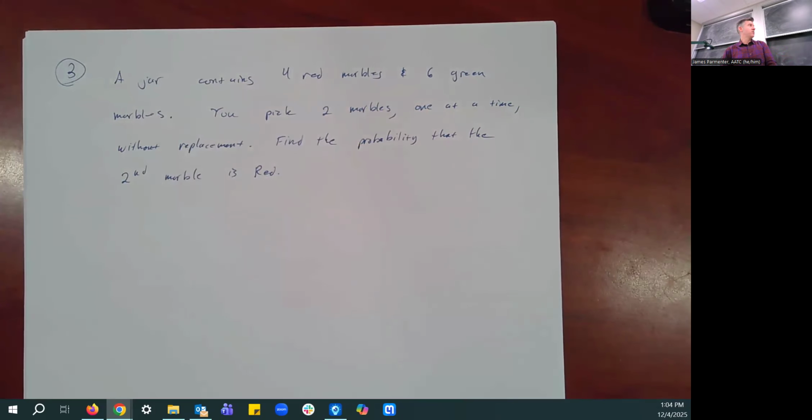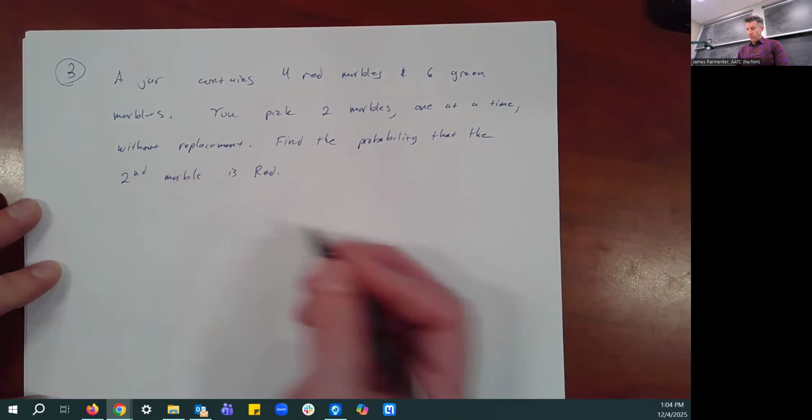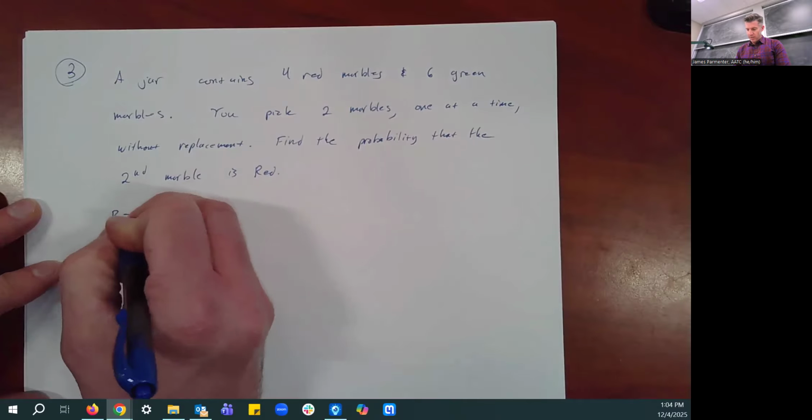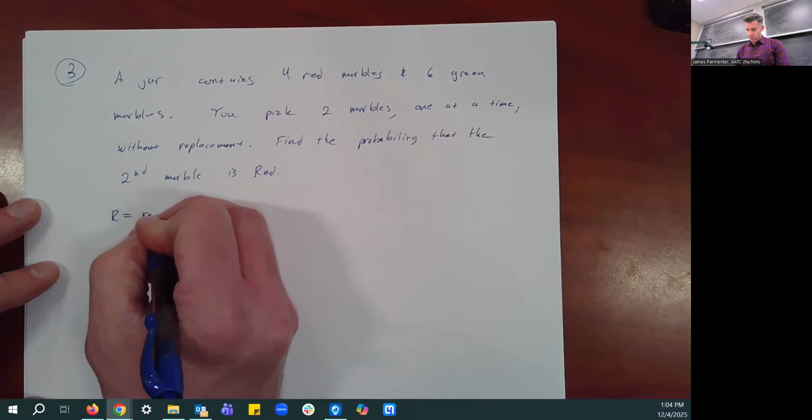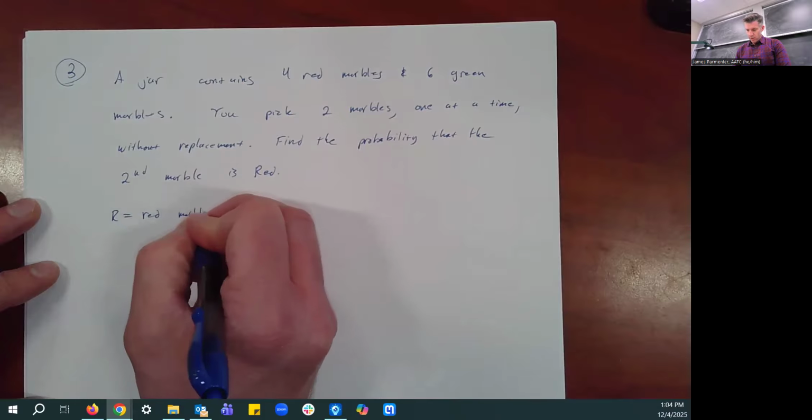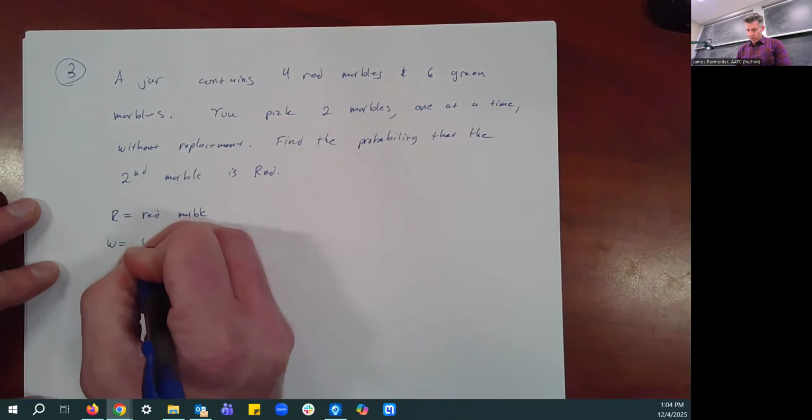I'm going to let you do this one. It's very similar to how we just did that card one, especially the part where we drew the tree diagram to find the probability that the second card was an ace. Let me help you out a little bit. Let's say that R is the event of a red marble and W is the event of a white marble.